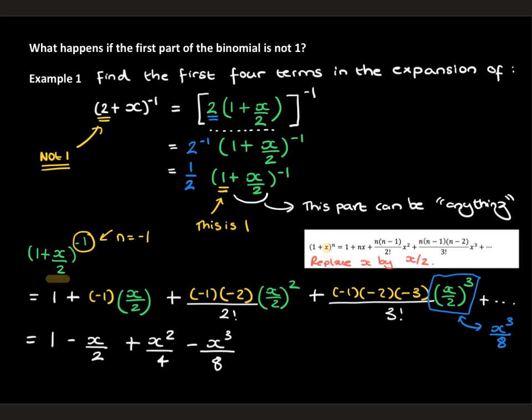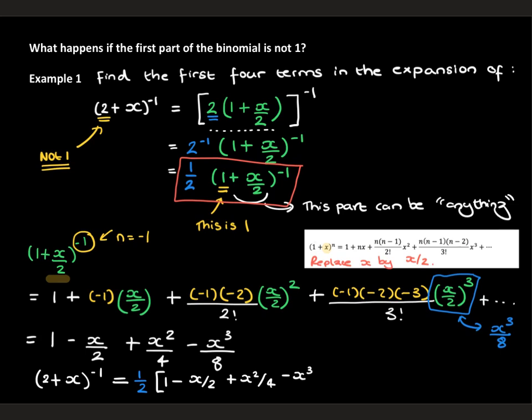But remember, this is only the green part of this expansion, 1 plus x over 2 to the negative 1. To give us the true answer, we have to remember that there is a factor of a half involved. So we can say then that 2 plus x all raised to the power of negative 1 is equal to a half multiplied by 1 minus x over 2 plus x squared over 4 minus x cubed over 8, if we're just looking at the first 4 terms, of course.